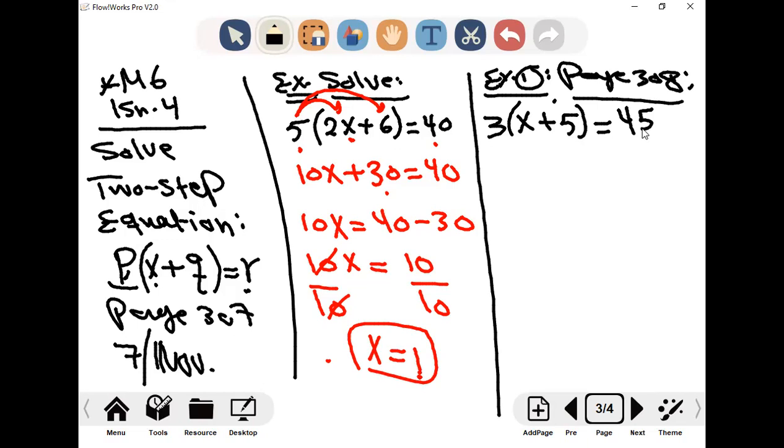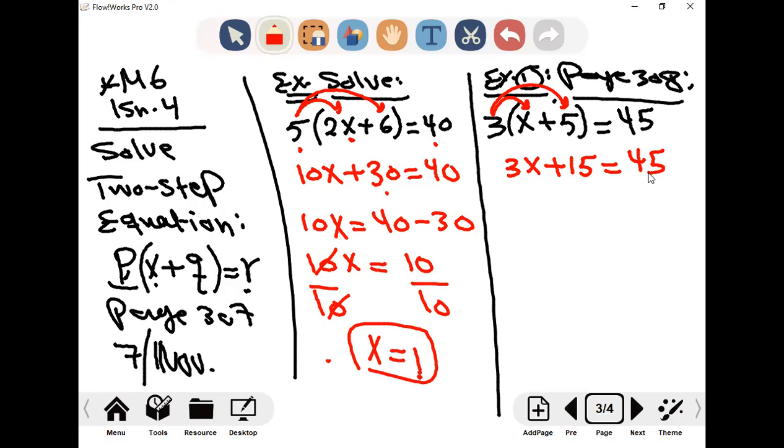Now we said the first step, you need to get rid of this parenthesis by distributing the 3 over it, right? So 3 will distribute by multiplying with x and with 5. So here, let's distribute the 3. 3 times x, 3x, plus 3 times 5, all equal 45. Two-step equation.